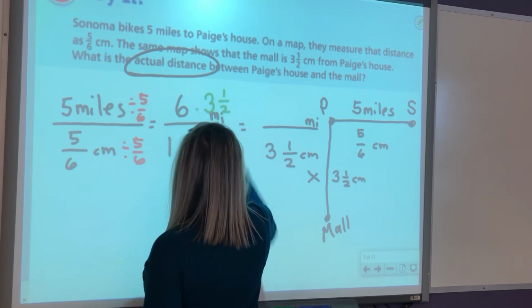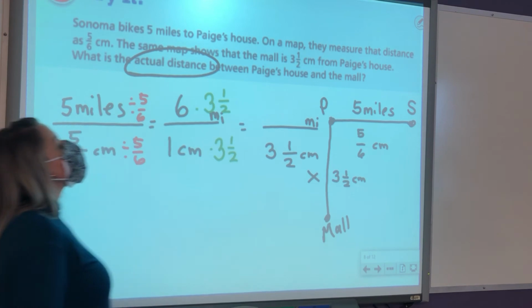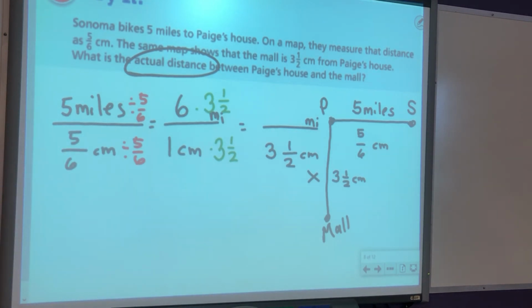So, again, in your calculators, you're going to do 6 times 3.5 if you can't do that using mental math. And no, it's not just 18.5.